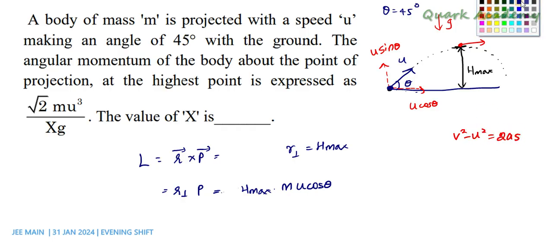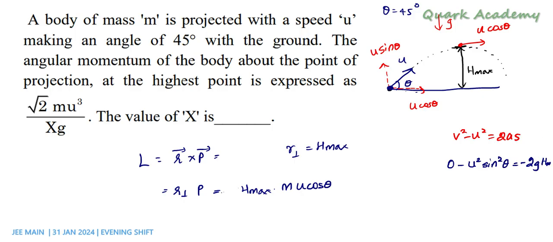Here v is the final speed, which is 0, and u is u sine theta. So it is u squared sine squared theta, and acceleration is negative g, so negative 2g h max. So h max will become u squared sine squared theta divided by 2g.